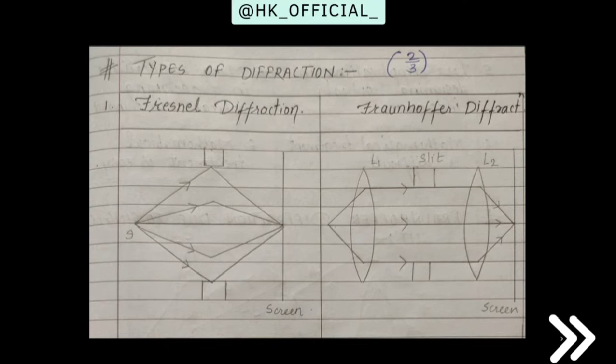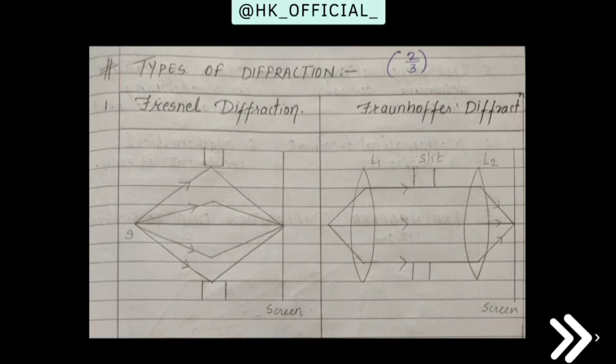When we learn Fraunhofer diffraction due to single slit, just after this I will show you the complete diagram where you can make out the difference. So this is the diagram for Fresnel, where you can see the slits are present on upper and lower ends, because of which the incident light is going, hitting and bending. So that is diffraction, and the light gets together on the screen. That is Fresnel diffraction.